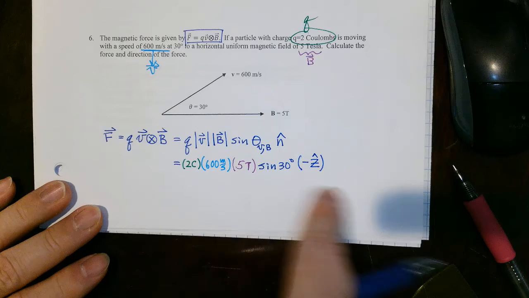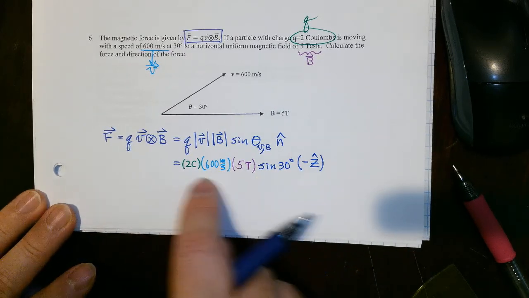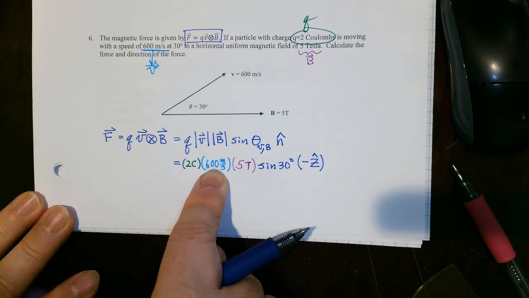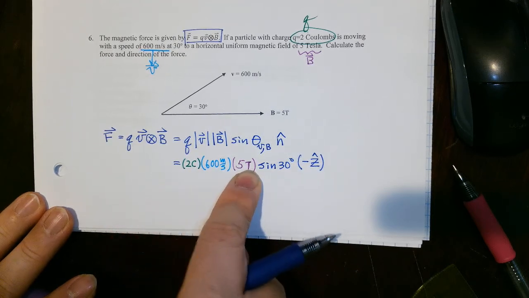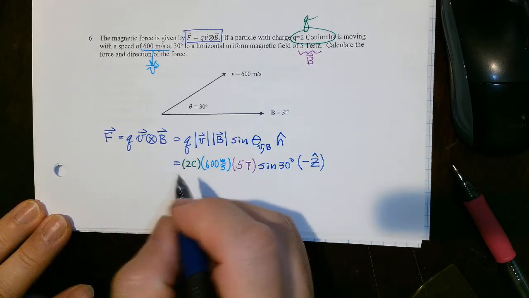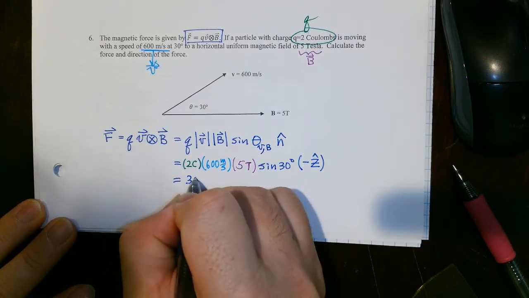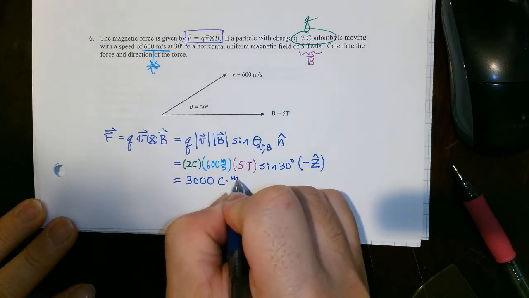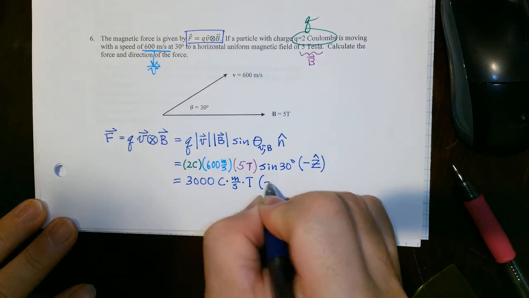So when I multiply all these out, 2 times 600 times 5 is 6,000, times sine of 30, which is half. So that looks like 3,000 coulombs times meters per second times Tesla, negative z hat.